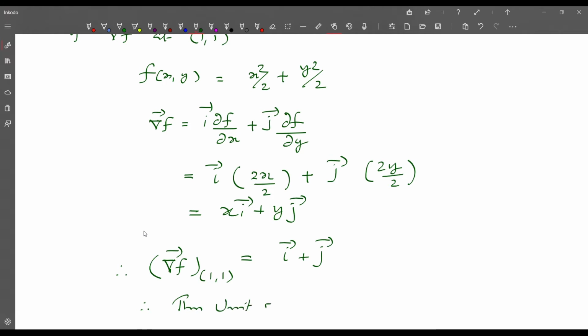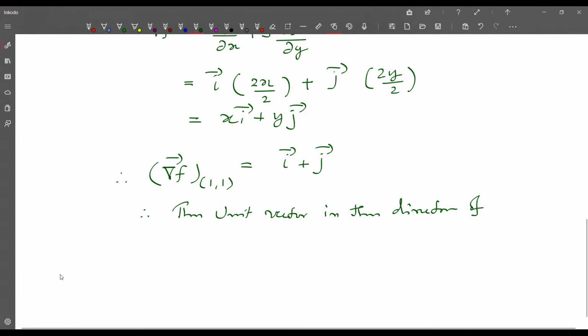Therefore the unit vector in the direction of del f at (1,1) is u equal to i plus j divided by modulus of del f, so that is root 2 at (1,1).